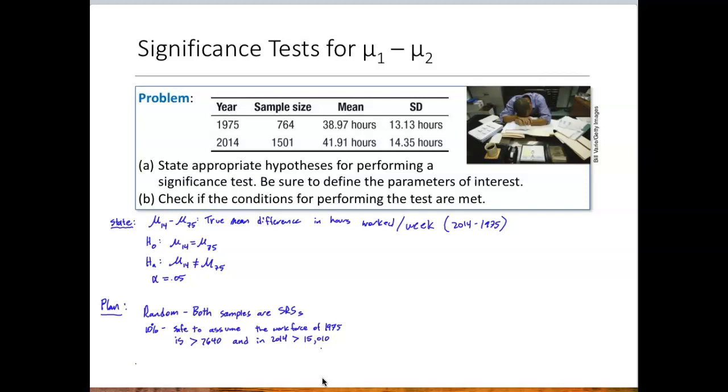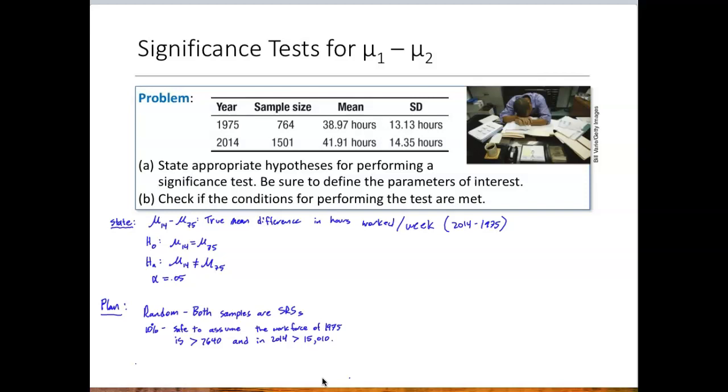So again, this just verifies that our sample is less than 10% of our population size, and that it's basically safe to use our standard error formula.